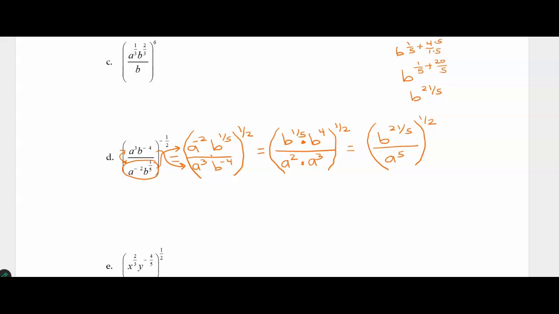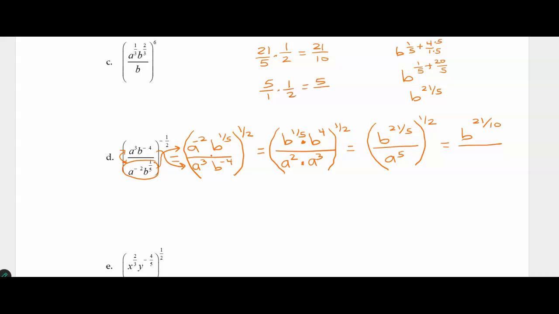So maybe I'll put this over here. If I have 21/5 times 1/2, we just multiply across the top and multiply across the bottom and get 21/10. So b to the 21/10. And then on the bottom, I get a to the, remember I've got 5 over 1 times 1 over 2.